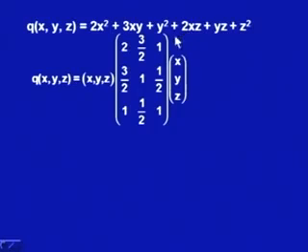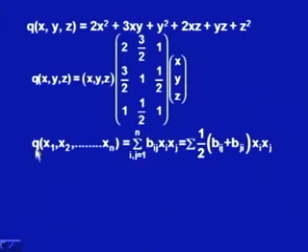Since it is 2, half of it, 1, is here and half of this appears here, and yz will appear in this part. It is yz, so half of yz is coming here and another half is here. So that is how I obtain this matrix A.